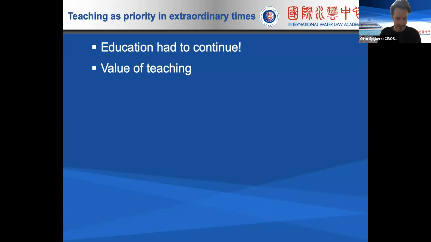China has a long tradition of appreciating the value of education. So maybe it's not that surprising that teaching continued despite the extraordinary circumstances and even during the height of the Wuhan lockdown. But both students and professors agreed when we evaluated the course later that online teaching is really no replacement for the old style on-site physical teaching.